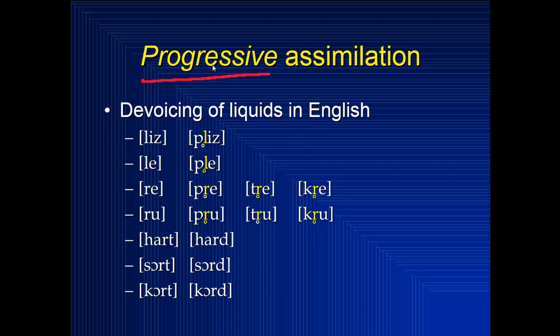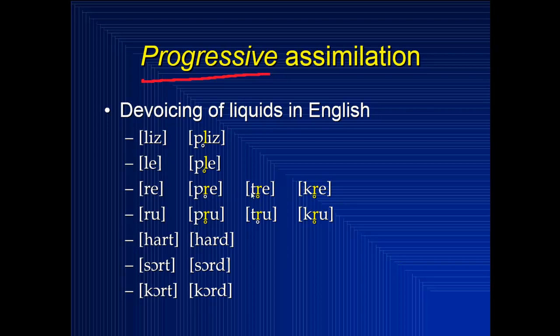Now we can talk about progressive assimilation, as in cases of devoicing of liquids in English. When we have l immediately following a voiceless stop like p, this l is not totally voiced, but we can say it is devoiced, just because of the influence of the voiceless sound which is placed before it. Same thing in play, same thing in pray. R, we know, is a voiced sound, but when it is preceded by p, it becomes devoiced.